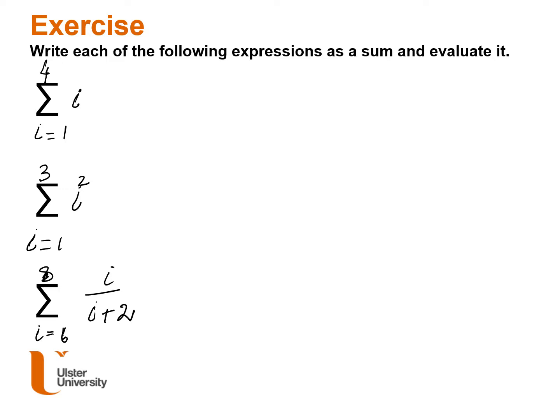Exercise for sigma notation: write each of the following expressions as a sum and evaluate it. We've got sigma i equals 1 to 4 of i. In that case, we will write 1, that's the value i starts with, and then the second term is its increment by 1, which is 2, plus again incrementing by 1 to get 3, and then we will have 4.